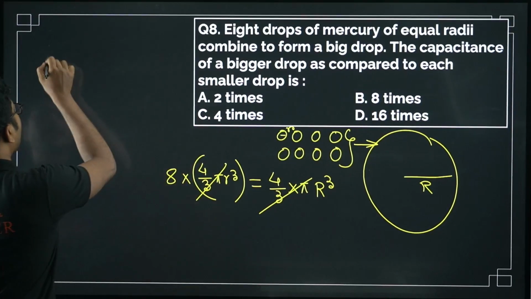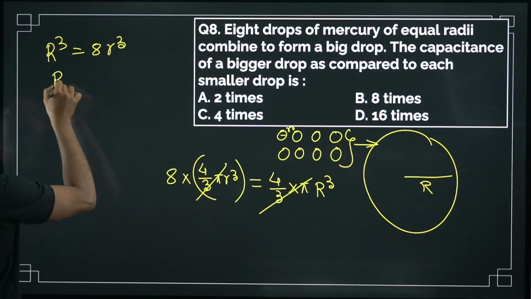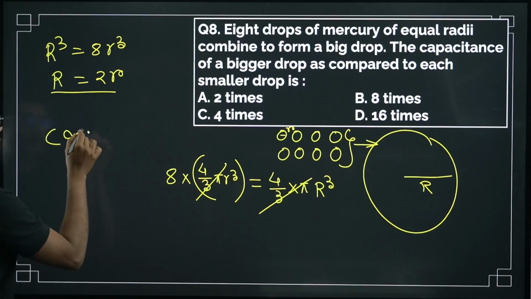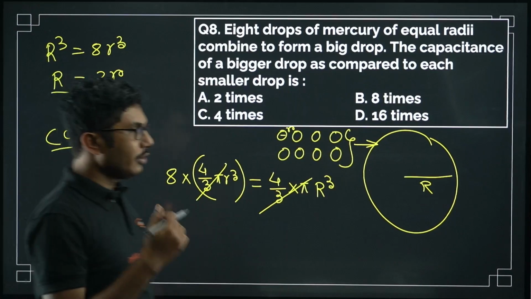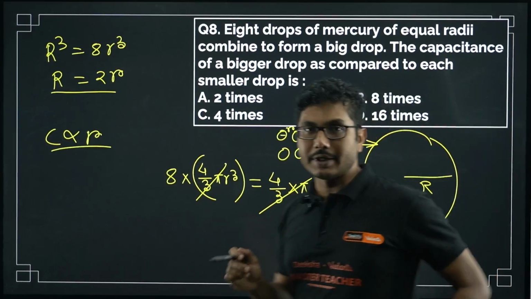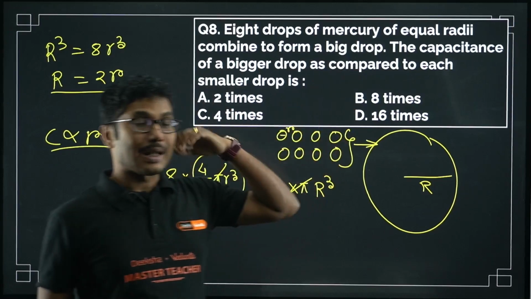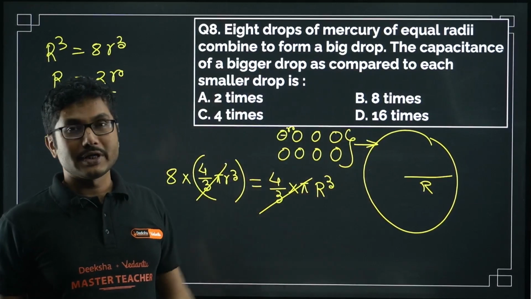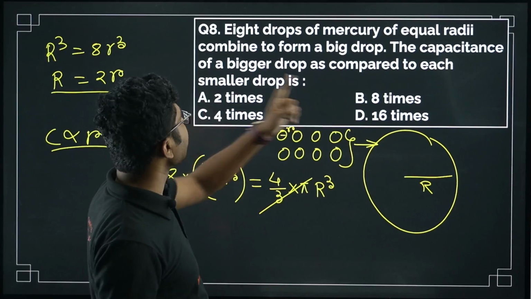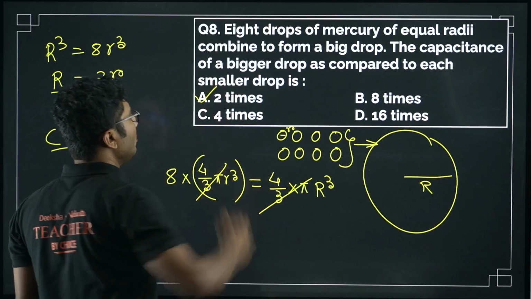We get capital R cube equals 8 small r cube, or R equals 2 small r. Now as I said, capacitance is directly proportional to radius. The radius of the bigger sphere is double that of any one of the smaller spheres. So the capacitance of the bigger sphere will be 2 times that of the small sphere. Okay, so the capacitance of the bigger drop as compared to each smaller drop is 2 times.